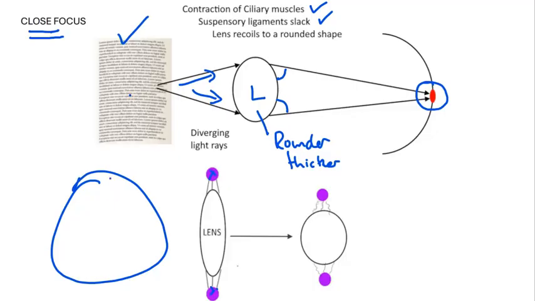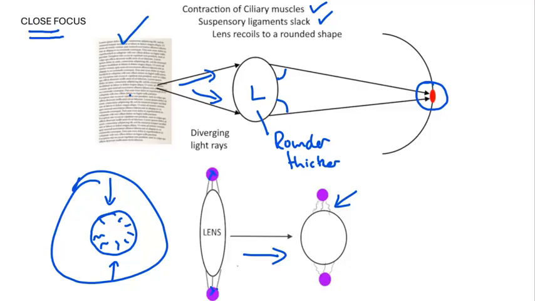If they contract, then remember that their diameter will become smaller, and so the suspensory ligaments will no longer be pulled. As we go from here to here, the suspensory ligaments have gone slack.